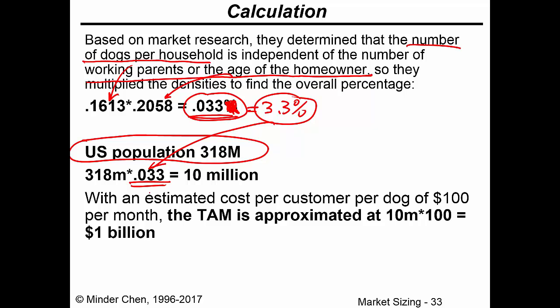So if all those 10 million people are willing to spend this $100 and you can reach all of them, then your TAM is actually a pretty amazing $1 billion. This is an example of a bottom-up estimation to get this TAM.